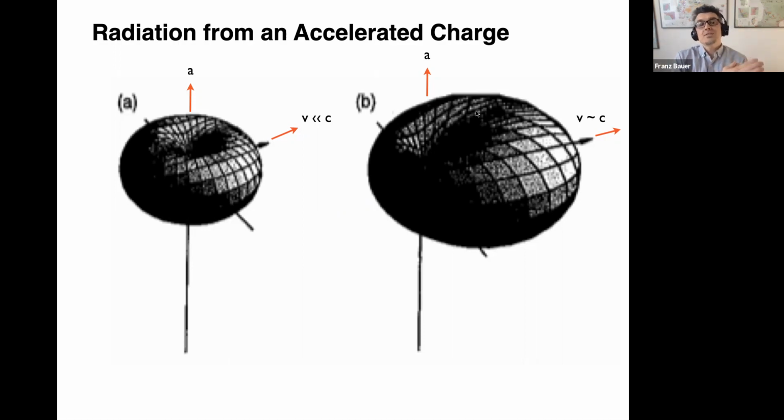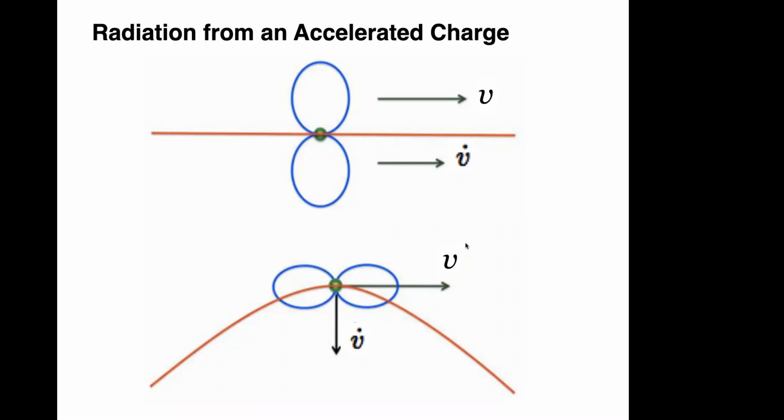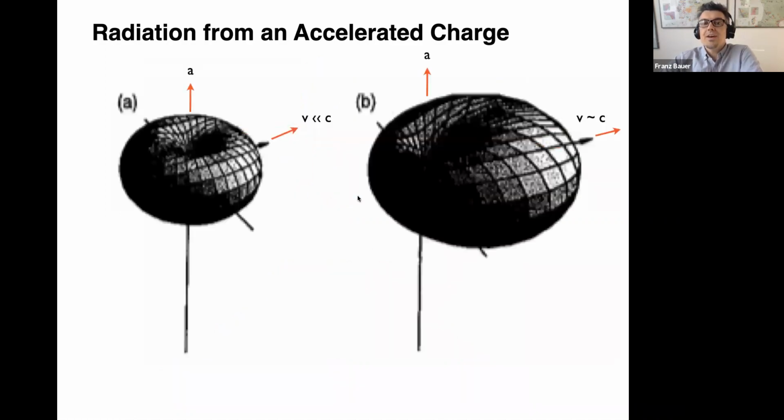One side is relativistically boosted with respect to the other side, and this is due to the velocity. So if the velocity is very, very close to the speed of light, this side is strongly boosted compared to this side, and we end up with an amplitude pattern which looks like this.